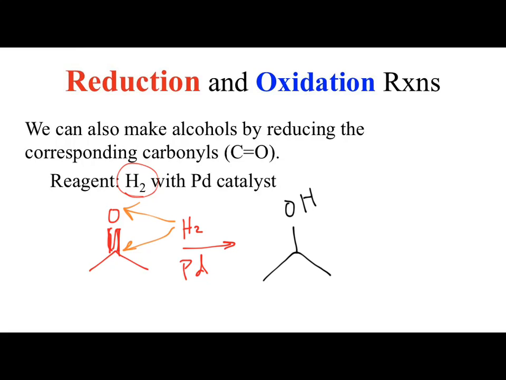So as long as you've got a carbonyl, you can react that with hydrogen and palladium. It will reduce it and just add hydrogen across that double bond, just like we did with our alkenes. Questions about that?